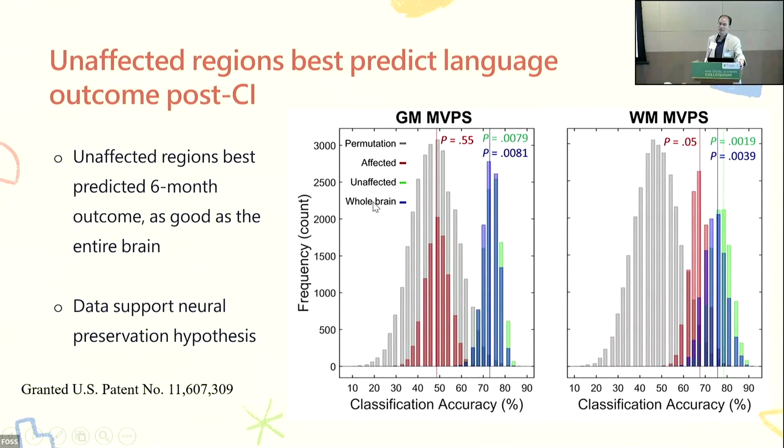Random is in gray, which is about 50%. We constructed different predictive models using different brain networks: networks that are affected by hearing impairment, and networks that are unaffected by hearing impairment, to make predictions. What we're finding is that brain areas that are unaffected by hearing impairment seem to be the most predictive of future language outcome.